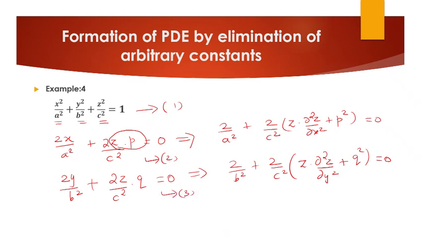Differentiation of this with respect to y, the first term becomes 0, and here it is 2 by c square, and here I'm going to differentiate: keeping z fixed and differentiating dou z by dou x with respect to y, I'm getting dou square z by dou y dou x, plus, keeping p fixed and differentiating z with respect to y, I'm getting dou z by dou y, which is nothing but q.